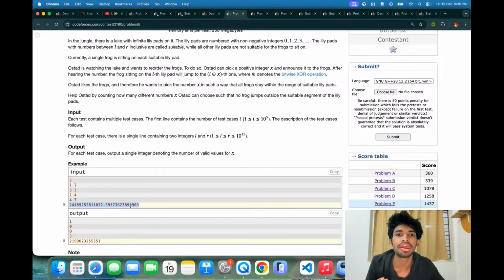Let's look at different states in any prefix, okay, or any subset. XORing with these bits, I think there is a very specific condition here.